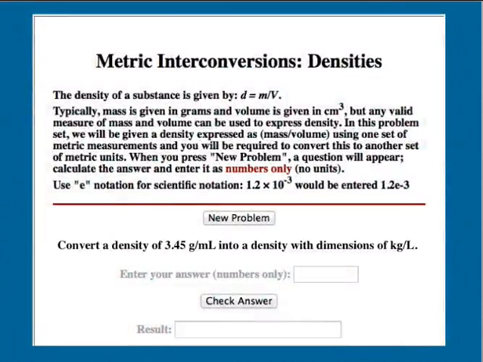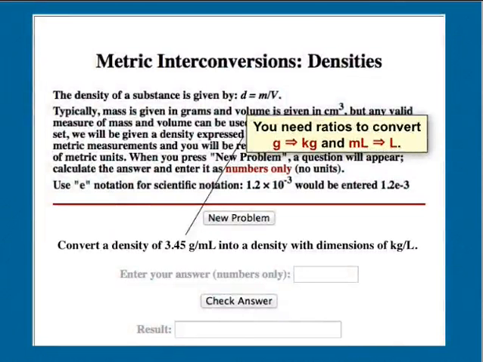Here we have a density that is given in terms of grams per milliliter. You want to convert that into a density of kilograms per liter. The ratios we need are going to be grams to kilograms and milliliters to liters.